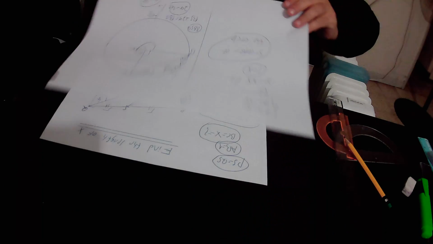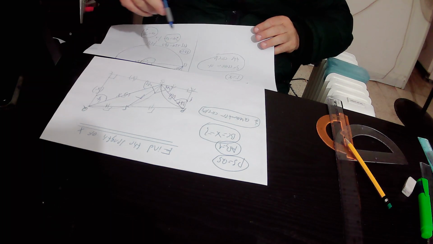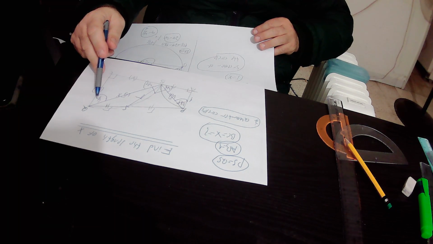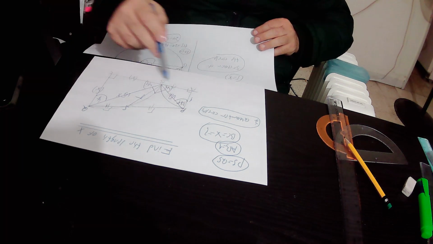So here I will copy the right triangle PBQ into a new page, and we analyze this right triangle PBQ.